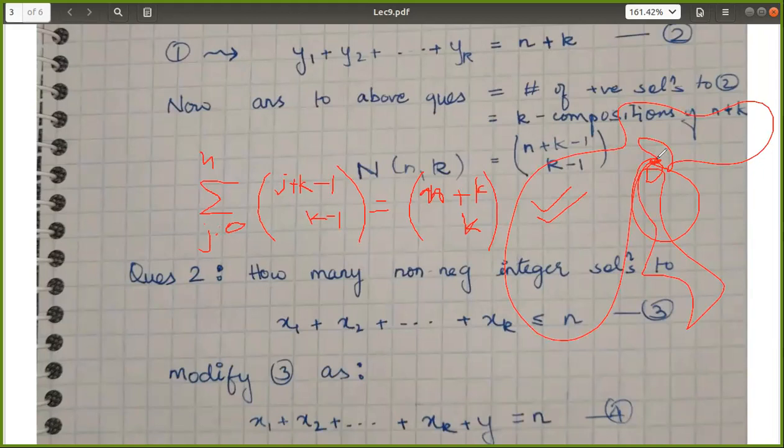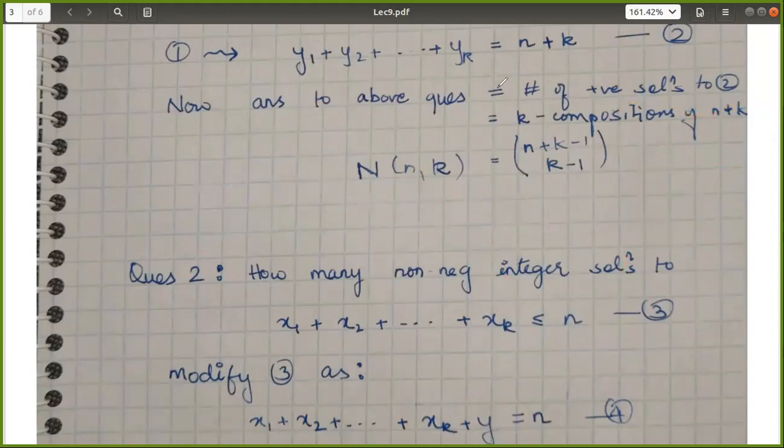But ultimately you're coming at this point. So the distance, or rather displacement, is the same. Only the path which you took was different, but the ultimate goal was the same.